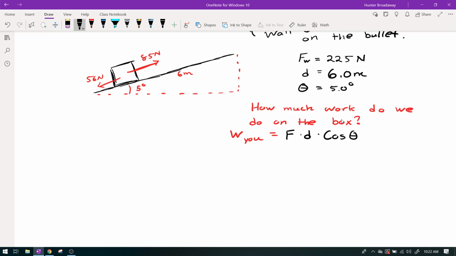That's the only thing that matters. The direction of the motion is up the ramp, so the force is up the ramp. The 85 newtons is up the ramp.